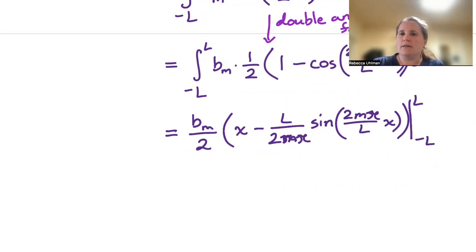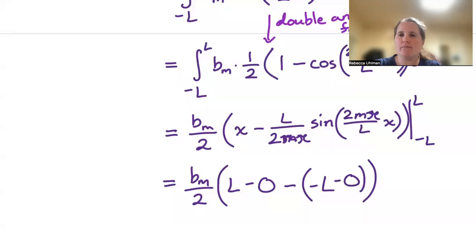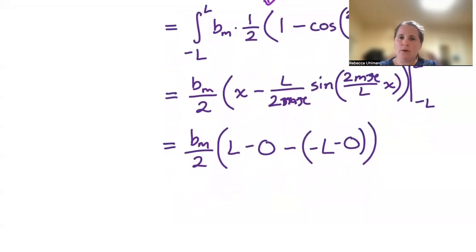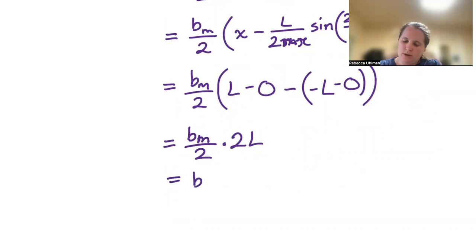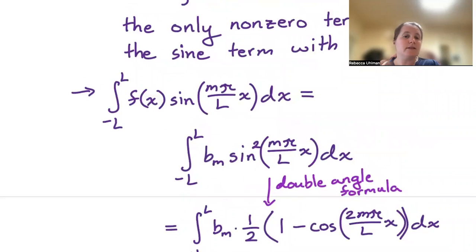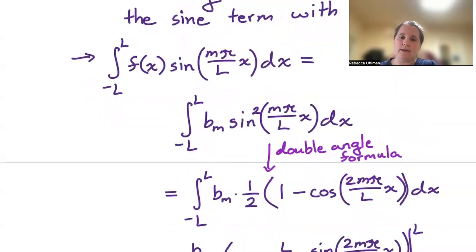I apologize, this is not updating correctly. Going just slightly further, we had b sub m over 2 times L minus 0 minus negative L minus 0. So this becomes b sub m over 2 times 2L, or in other words, b sub m times L. So if we then divide through, our left-hand side was the integral from negative L to L of f of x sine m pi over L x dx.